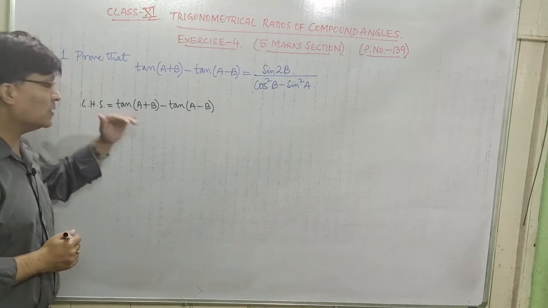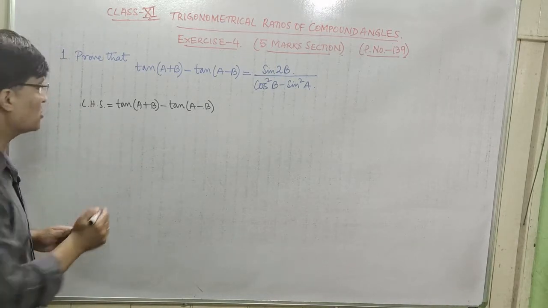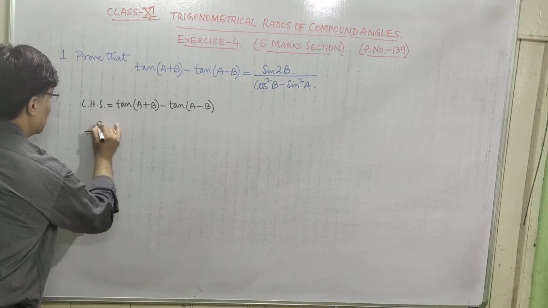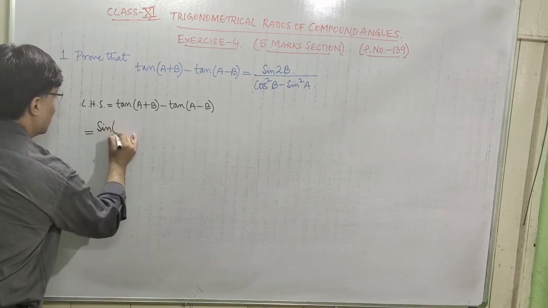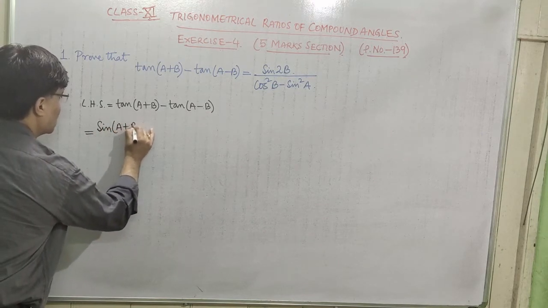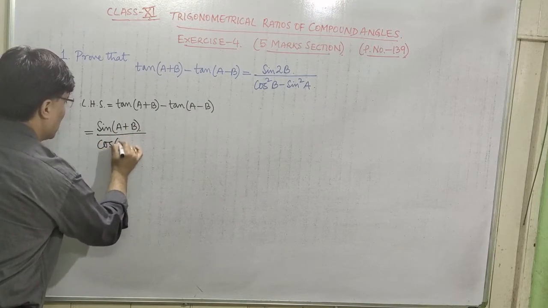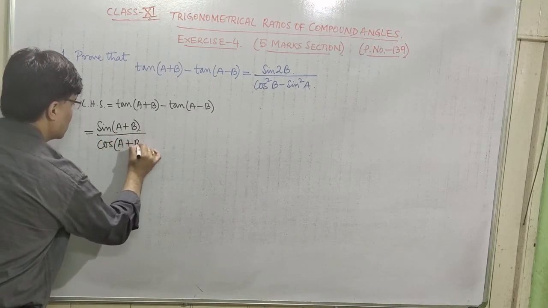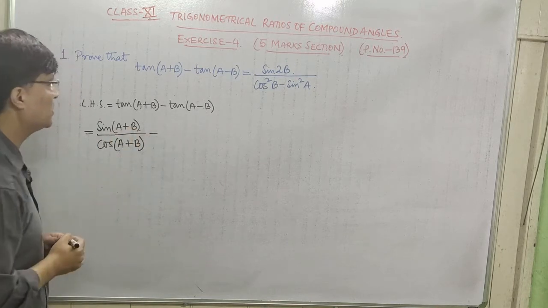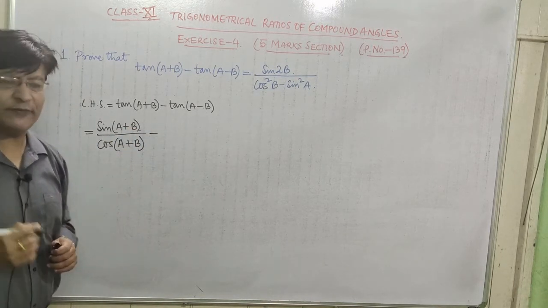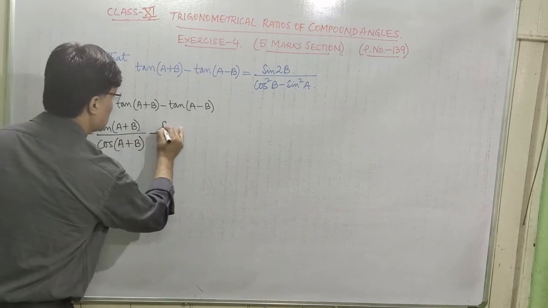So let us convert this tan into sin by cos. So which is equal to sin of a plus b divided by cos of a plus b minus, similarly, what is tan of a minus b? It is sin by cos.